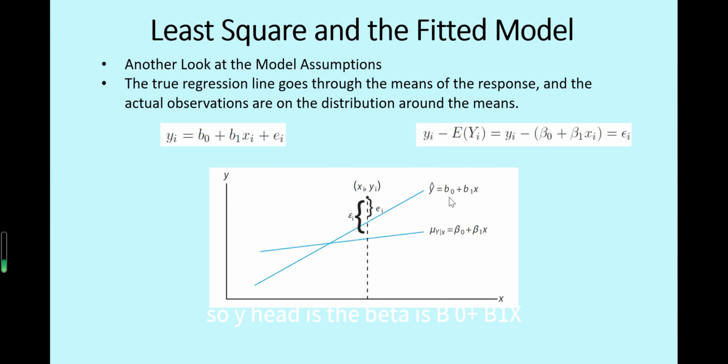So y hat is b0 plus b1x. b0 is just the estimation of beta 0, because beta 0 plus beta 1x is the real line, but we never know these parameters. We can only estimate them using b0 and b1 here. So this line is called the fitted line or linear regression line. The estimation is based on least squares, which will minimize the sum of squares of this error.